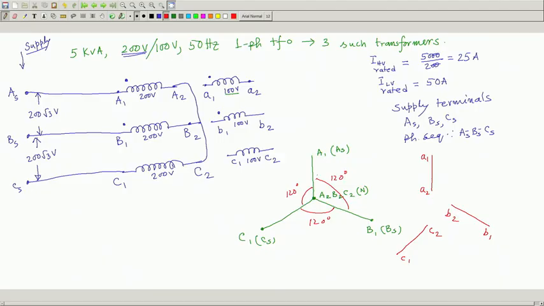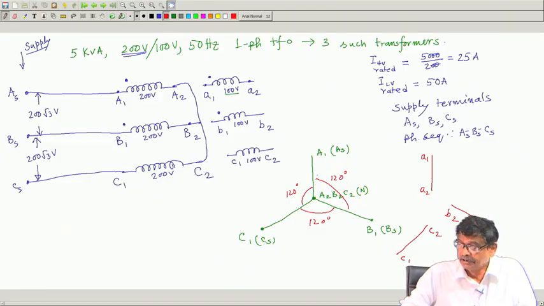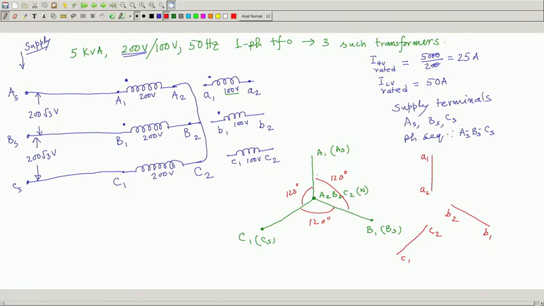Secondary coils I have not connected. If you connect voltmeters or see in the oscilloscope, you will find 3 voltages existing across the secondary terminals, which are 120 degrees apart, because B1 B2 is parallel to this and C1 C2 parallel to this. Angle between these two is 120 degrees. Here also the angle between these two is 120 degrees and so on.